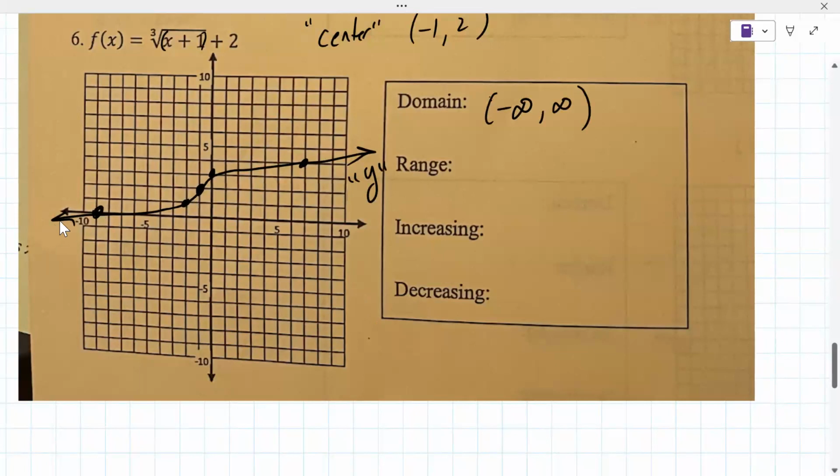Looks like it just goes left forever. It does actually go down forever. It just takes a really long time to get there. Same thing on the right here. It goes up forever, even though it doesn't look like it because it goes really slowly. But the idea of infinity is that it's literally all the way, as far as you can imagine going. It eventually does go up. It just doesn't look like it.